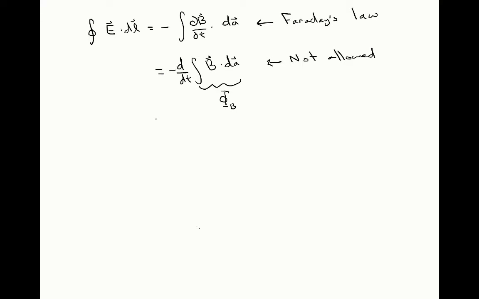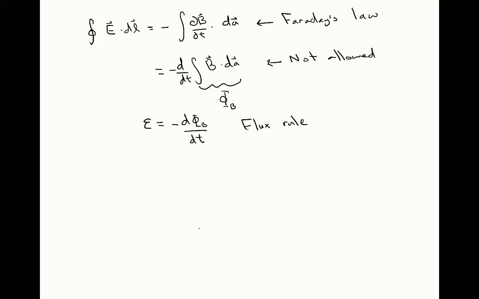Okay, so we looked at this last week. If you do this, you end up with the flux rule, where the minus the time derivative of magnetic flux gives you the EMF. So this is also where the issues of debate come up: if taking the time derivative outside of the integral was allowed, then yes, you could call this Faraday's law.